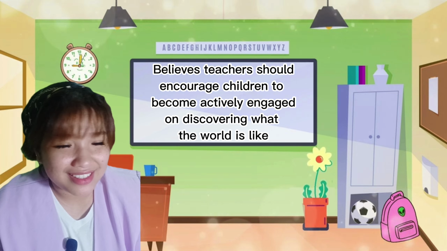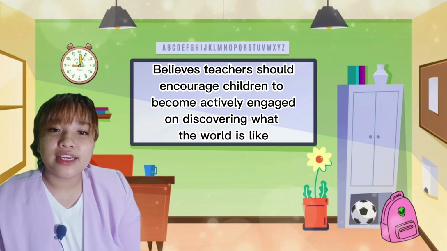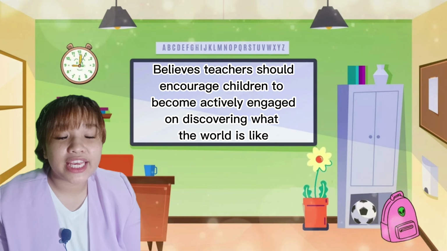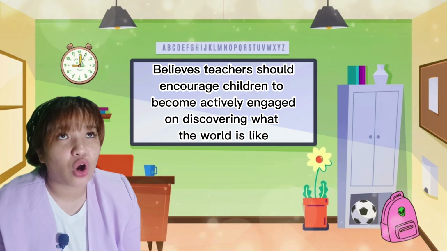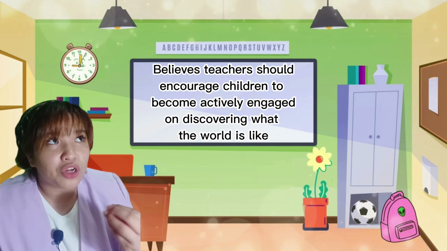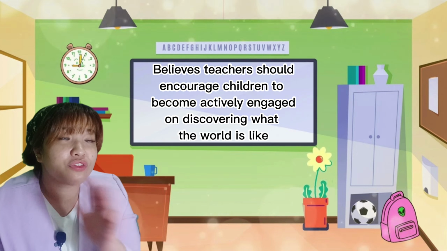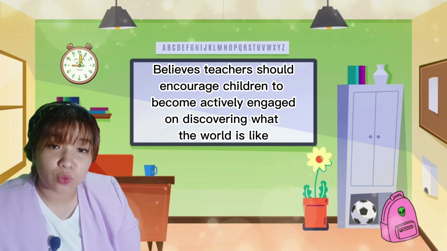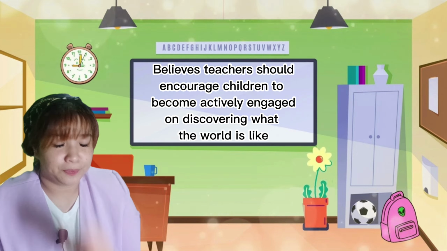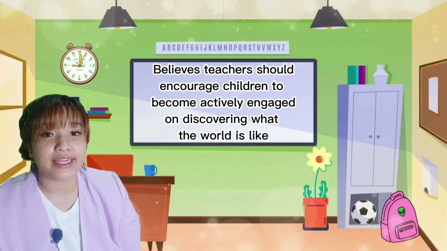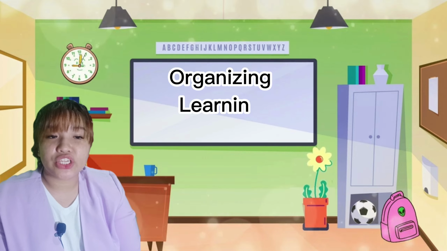Basically, according to Tyler, engaging actively and discovering the world is one of the ways the child will be able to learn or attain knowledge. We have organizing learning experiences.